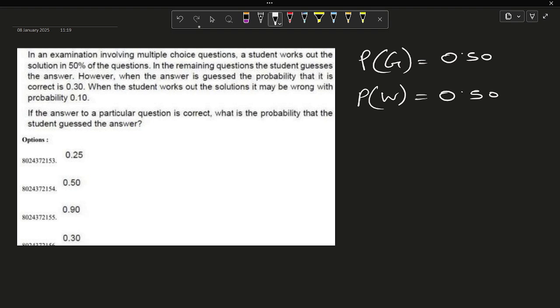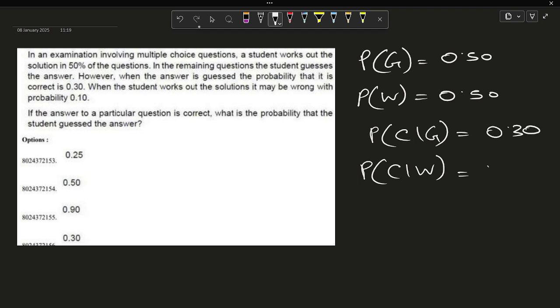The probability that the answer is correct if guessed is a conditional probability, which is 0.30. The probability that the answer is correct if worked out is 1 minus 0.10, which is 0.90.